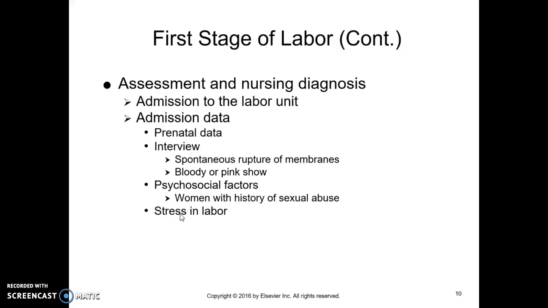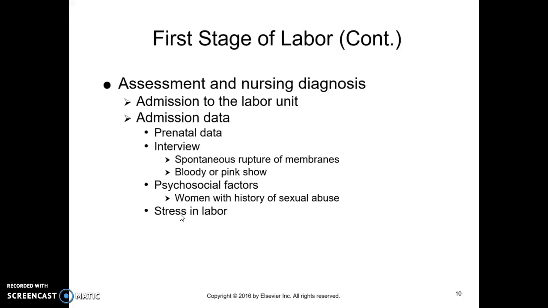The last thing is stress during labor. The way patients cope is usually related to past experiences or stories that family members have told. For instance, if their mother tells how terrible labor was, how awful it was, it can be really scary for patients. So sometimes their support people really cause the greatest stress. You want to make patients feel comfortable discussing their feelings.